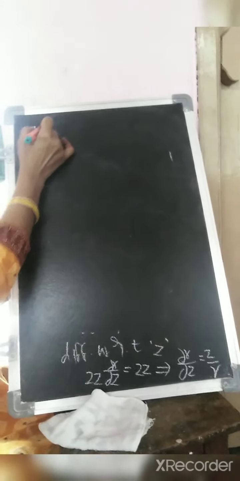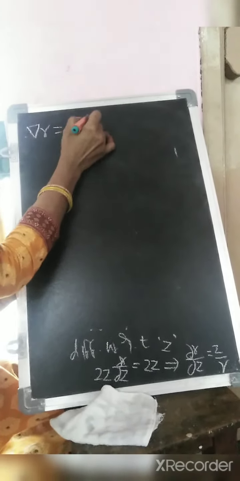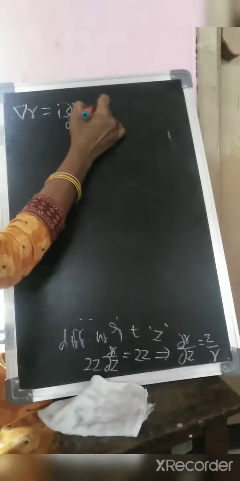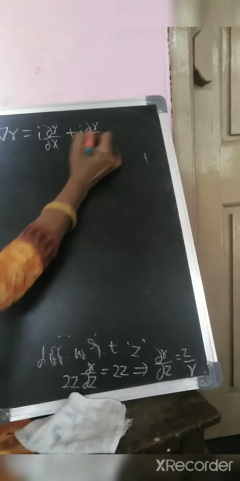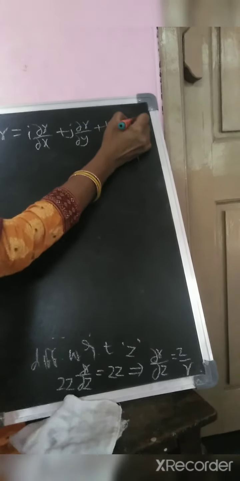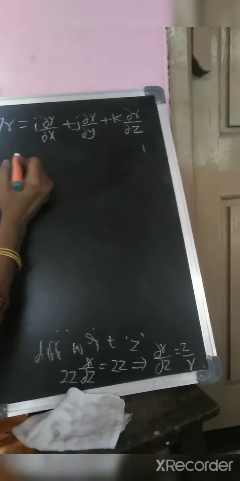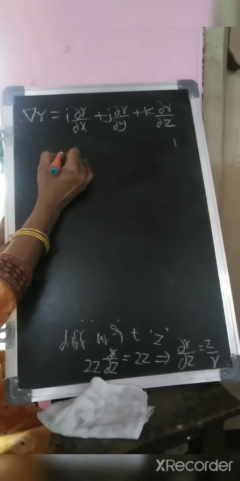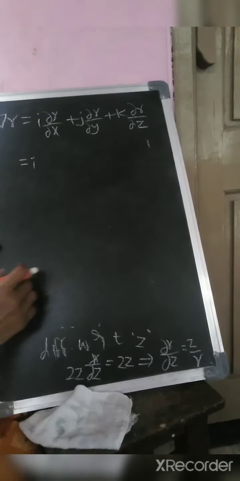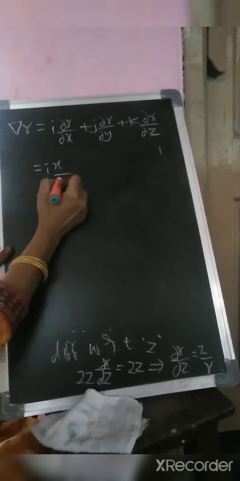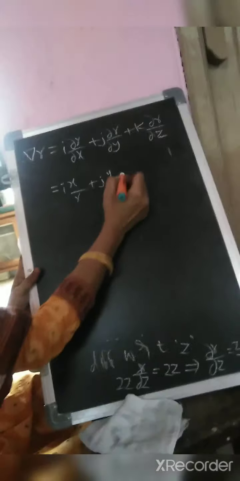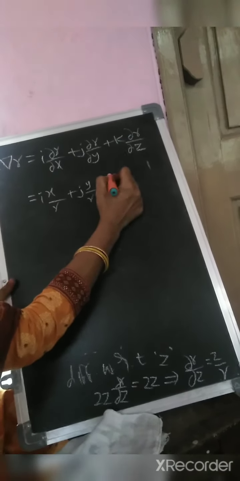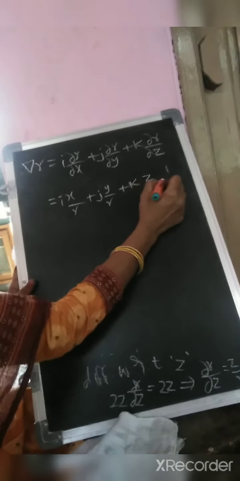Now grad r. Grad r is equal to i dou r by dou x plus j dou r by dou y plus k dou r by dou z. So this is equal to i times x by r plus j times y by r plus k times z by r.